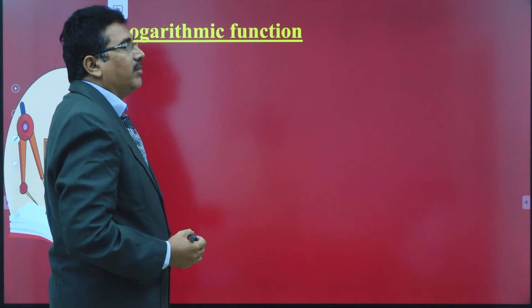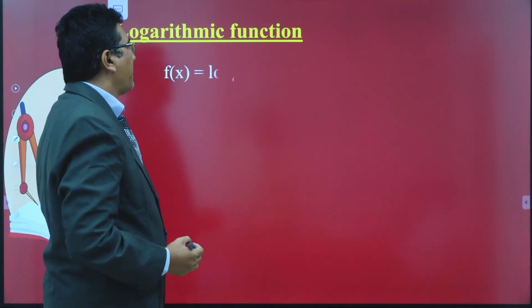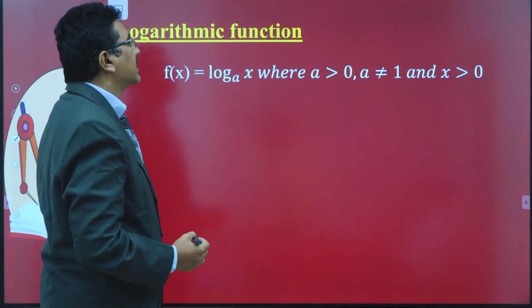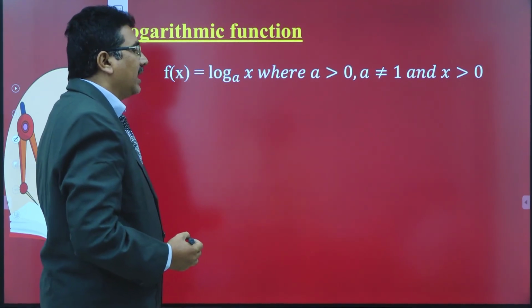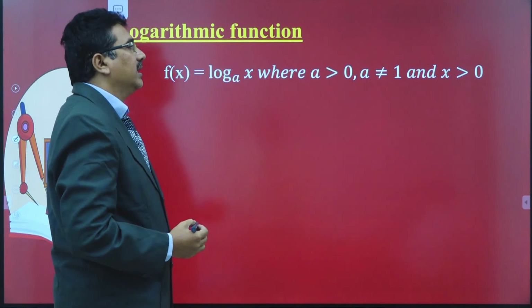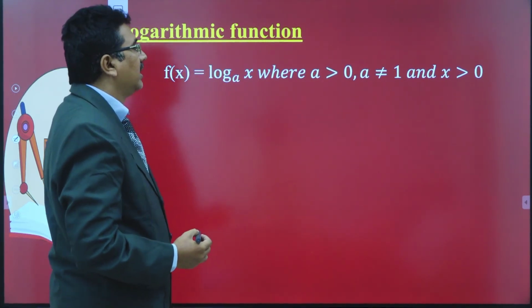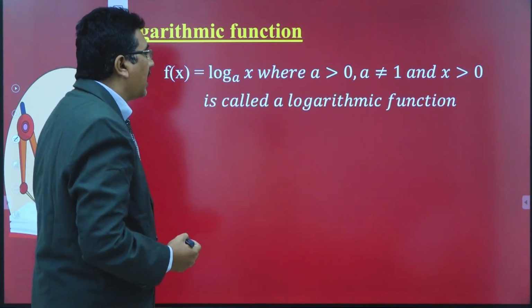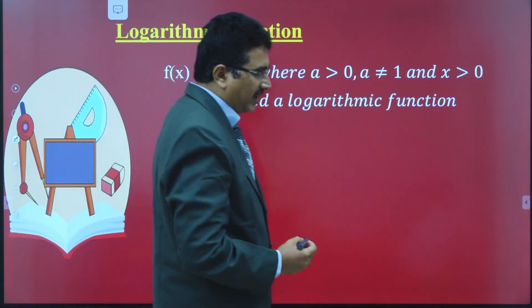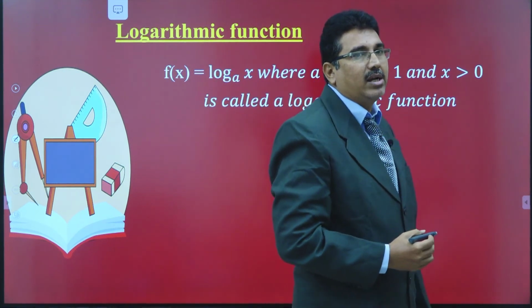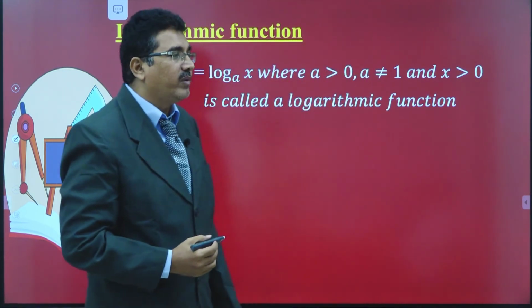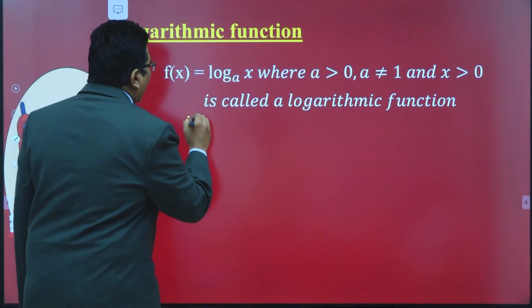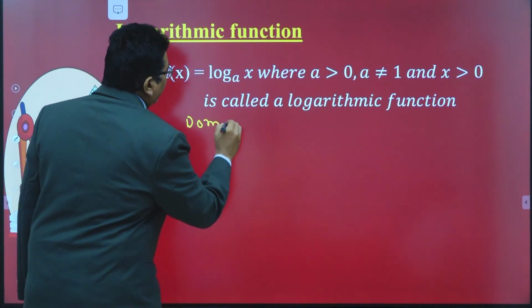Now, the logarithmic function. F of x is equal to log x base a, where a is greater than 0 and a not equal to 1 and x greater than 0, is called a logarithmic function. What is the domain of a logarithmic function?